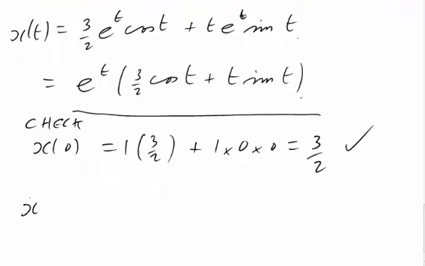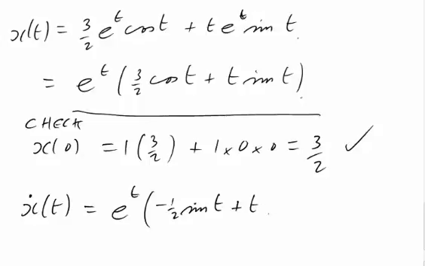To check the other one, we'd have to look at the first derivative of x. I'll leave you to check that the first derivative has the following form. It's actually e to the t times minus a half sine t plus t cos t, plus 3/2 cos t plus t sin t.